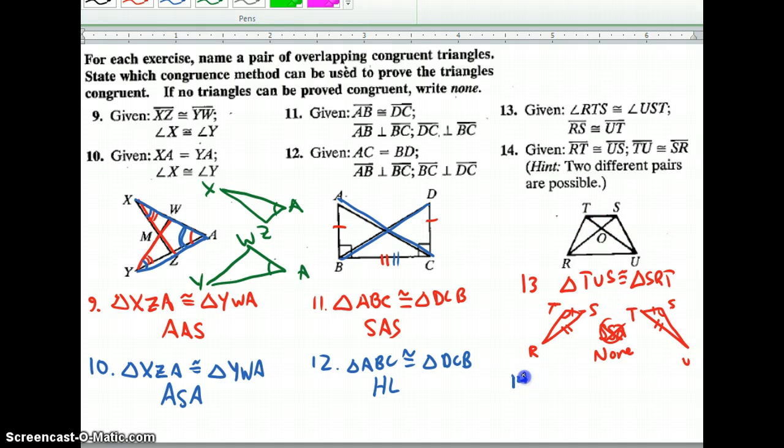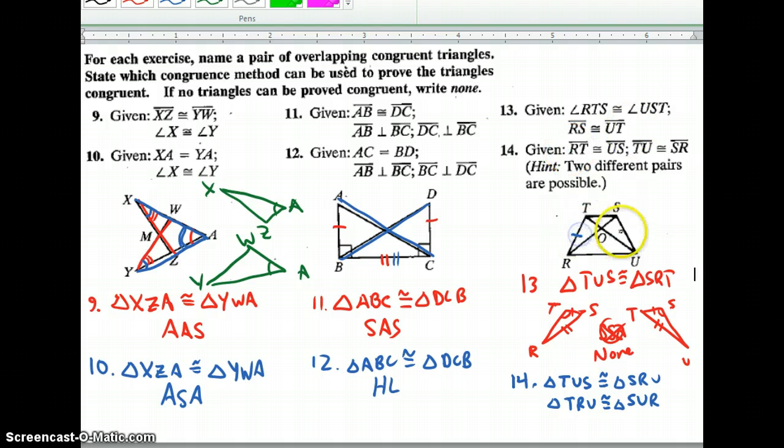Let's talk number 14. On 14, they say there are two different pairs. I guess the two pairs are probably the ones I was looking at before, TUS and SRU, and TRU and SUR. Why is that?